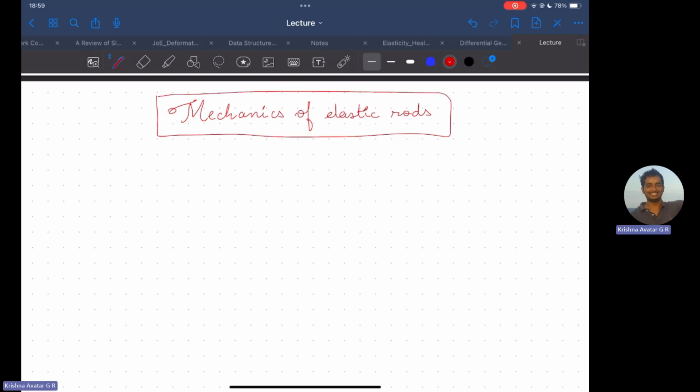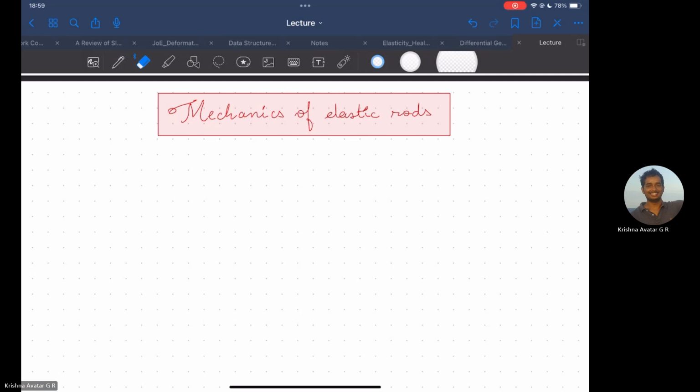Although we begin this mechanics of elastic rods, let's go through some fundamental aspects of what we call elasticity, right? Let's review the basics of elasticity. First of all, we should understand what is elasticity.